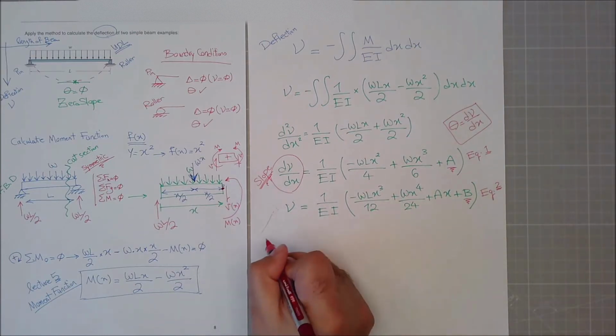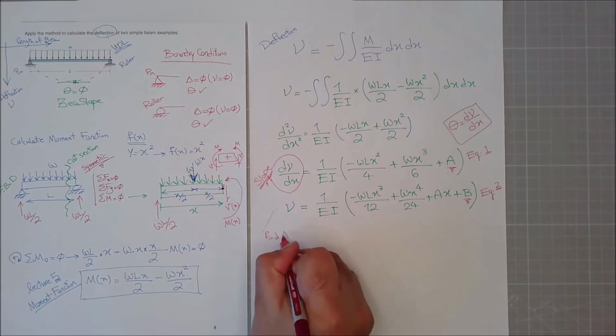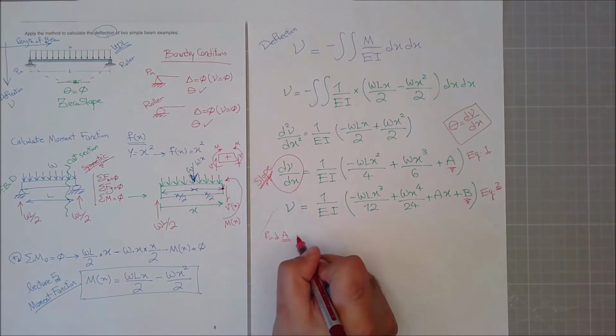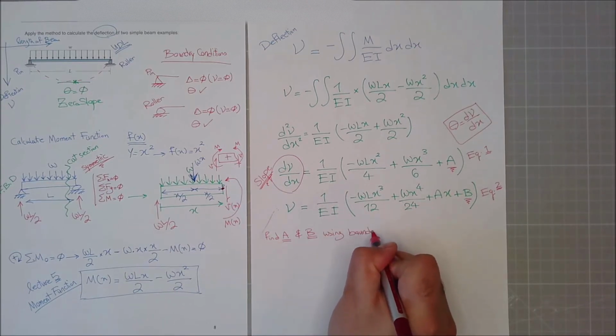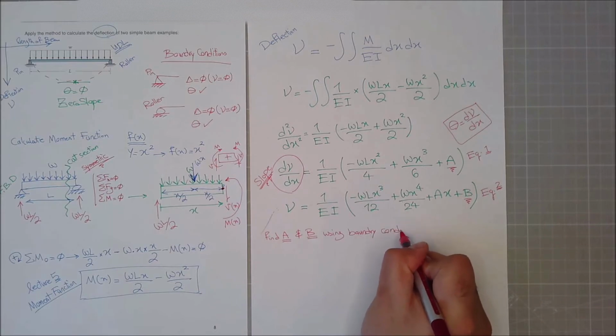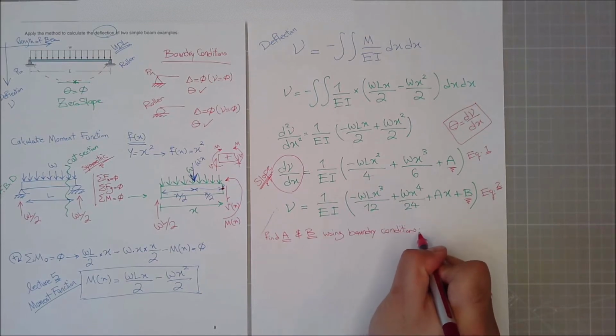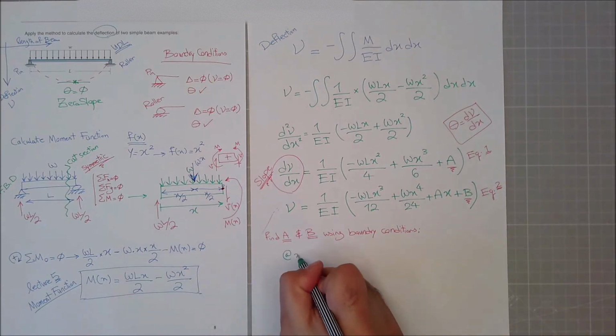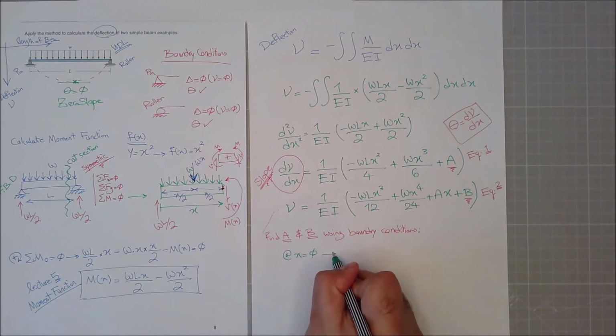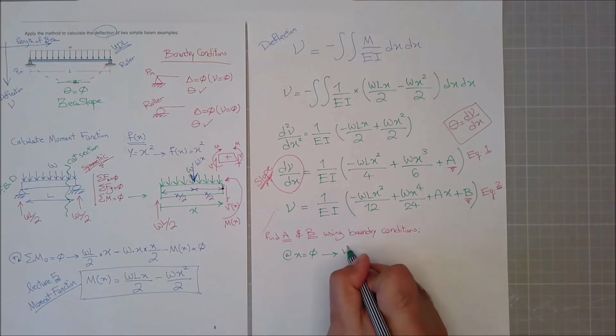Sorry. So let's find the constants A and B using boundary conditions. So simply at x equal to 0, my deflection is 0.